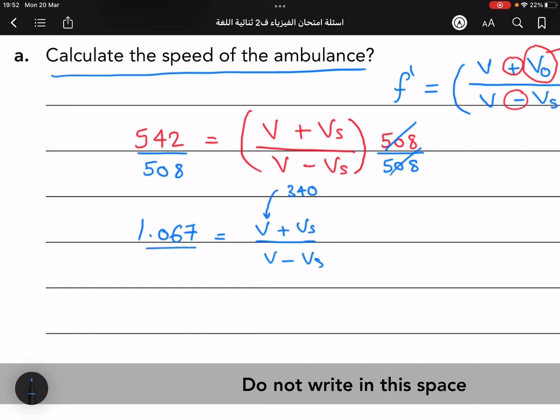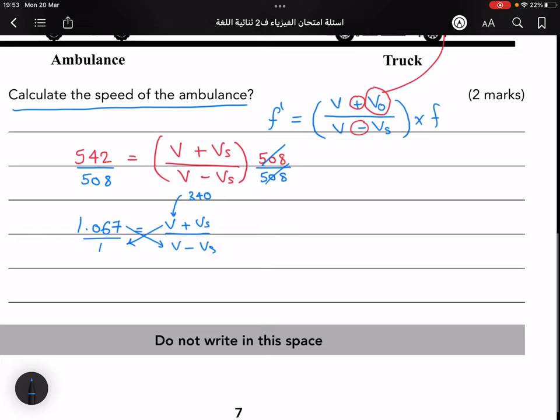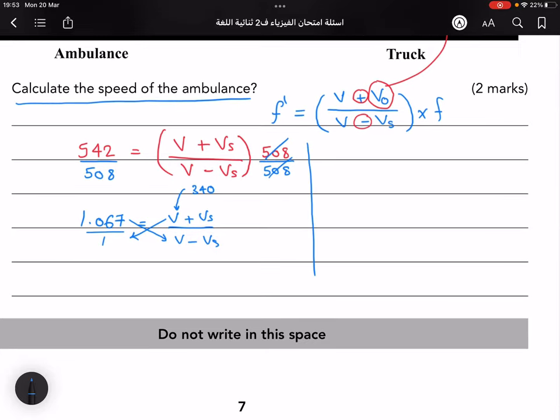Here this number is over 1 every time. We need to multiply this by 1 and this by that, and proceed. So V plus Vs equals 1.067 times V minus 1.067 times Vs.